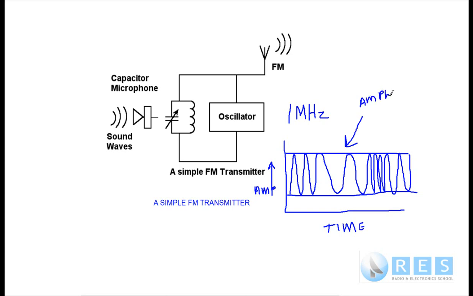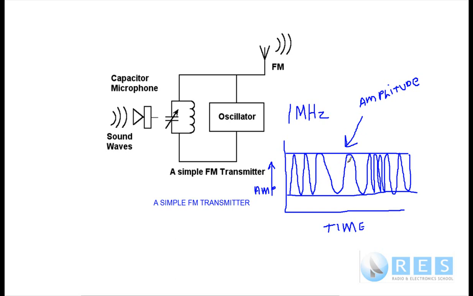There is no change in the amplitude of the signal, whereas in double sideband and single sideband we're relying on the changes in amplitude to transfer our information. With frequency modulation we're relying on changes in frequency to convey the information to the receiver, and that has some very distinct advantages, particularly in terms of noise and clarity.